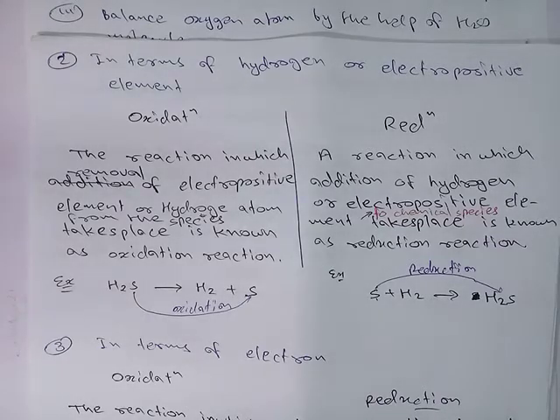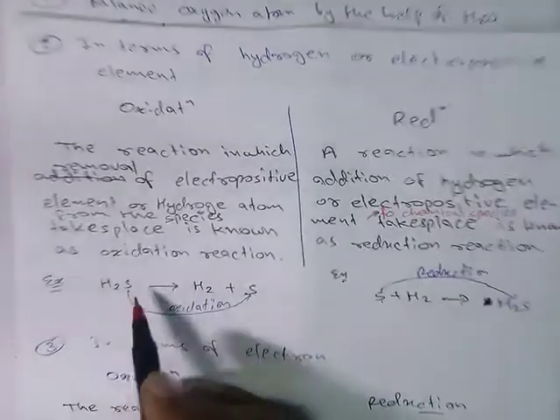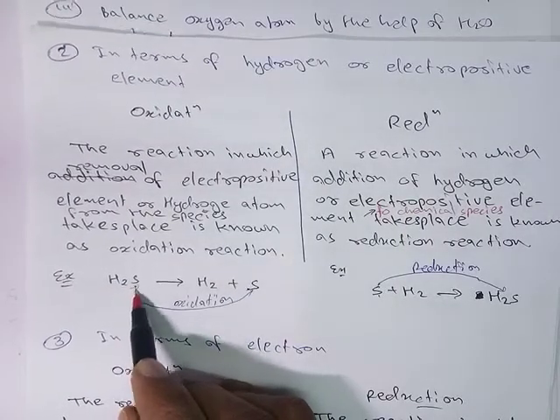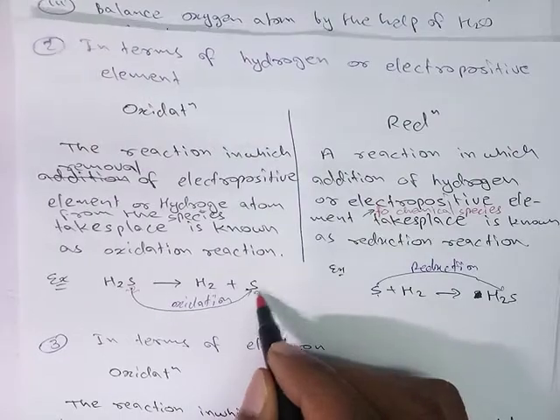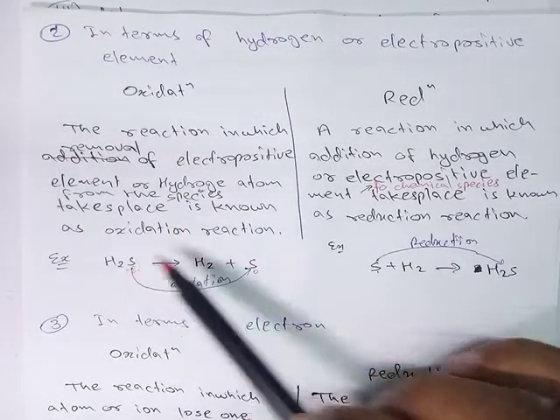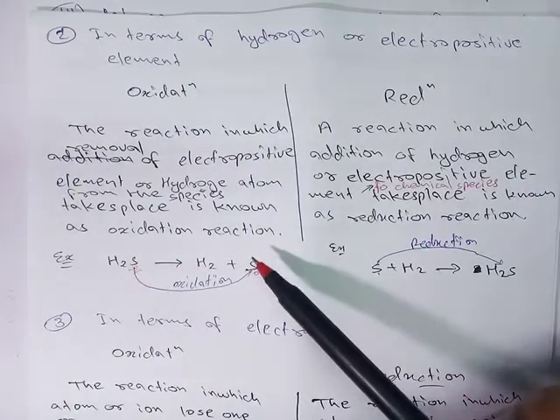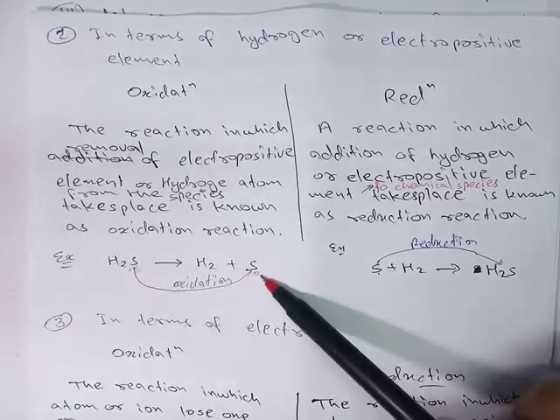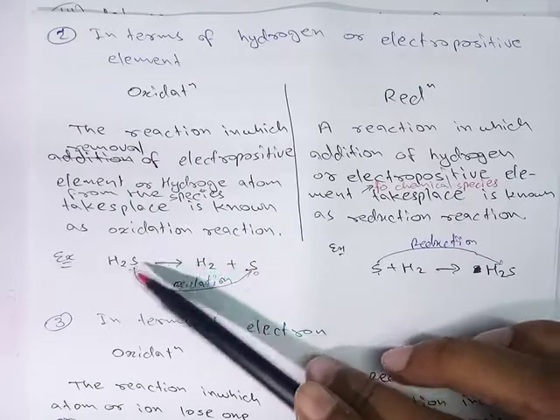For example, H2S is converted into H2 plus S. Here the oxidation number of sulfur is -2, but in the product the oxidation number of sulfur is 0. So the sulfur gets oxidized, going from -2 to -1 to 0.